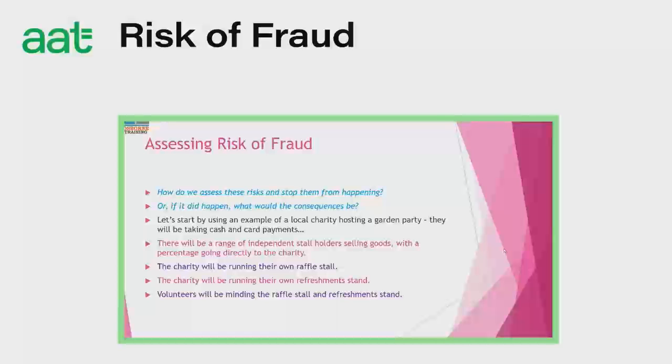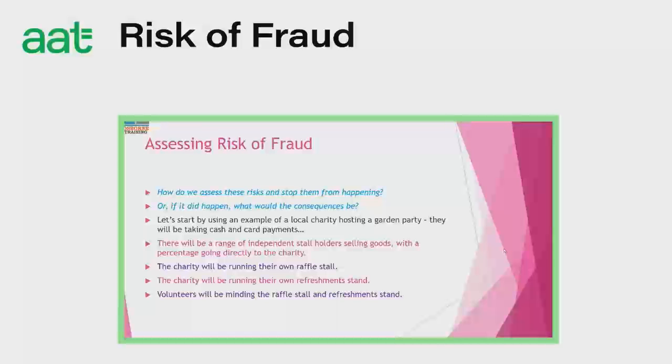So I've just put together an example of a local charity. They're hosting a garden party and they're going to be taking a range of cash and card payments. So we've got 4 mini scenarios there. There'll be a range of independent stall holders selling goods, and they're going to give a percentage of the money they sell directly to the charity.